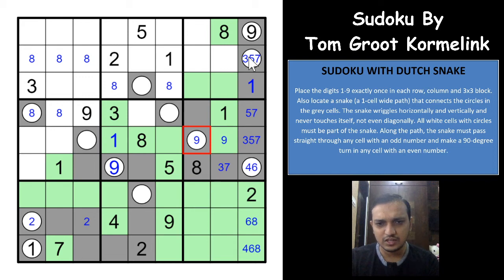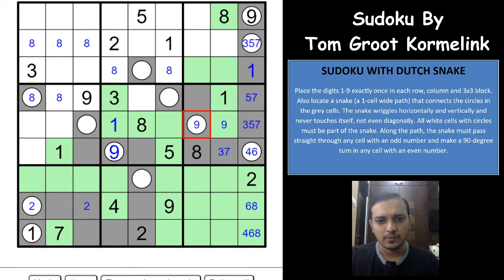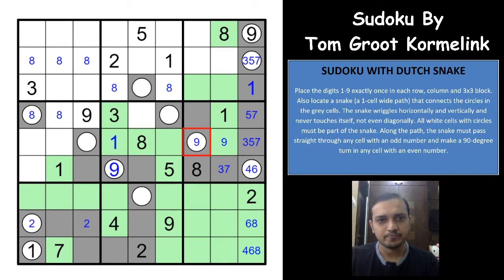This is a straight cell again. Okay, this is a straight cell, it can only be 3 5 7 9. This is a turn cell here, so it would have to be 2 4 and 6.